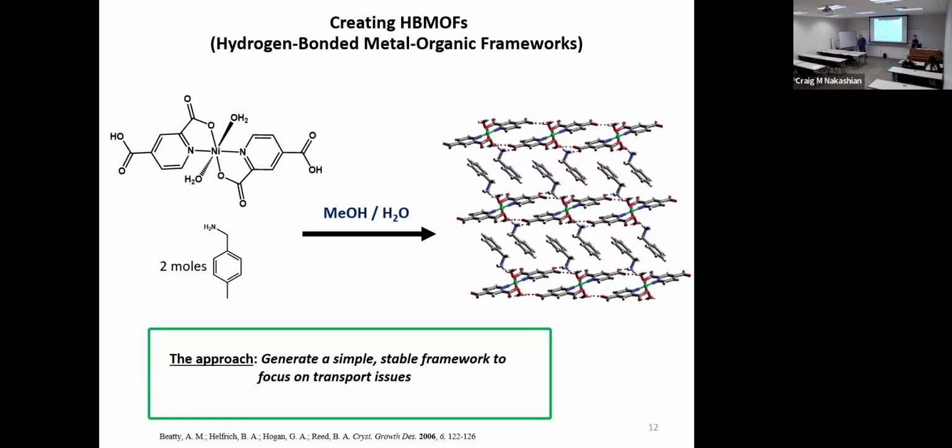So the AB layer. The important concept of all this is we do all this for one reason, because it can generate a simple, stable framework. And this is going to be repeatable no matter what we do. That's the key concept, that it's simple and it's stable.